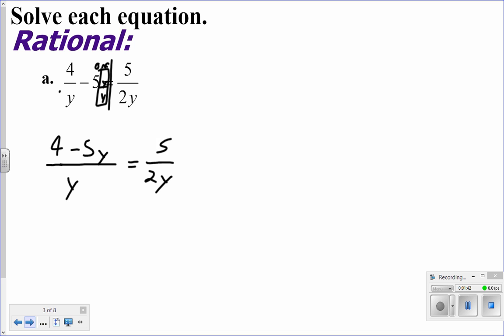At this point, I notice that I have rational expressions, and I can multiply out by my denominators. So I'm going to multiply this side on the left. I want the y to cancel, so I'm going to multiply by y over 1. What I do to this side, I've got to do to this side. And in this step, I'm going to do it twice because I want to multiply by 2y on this side to get rid of the denominator here.